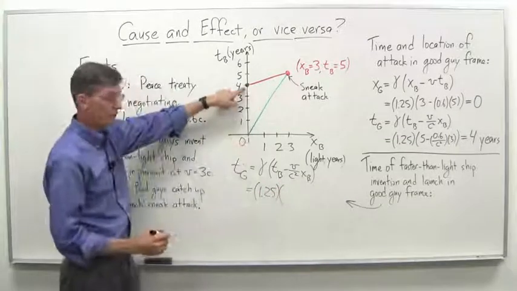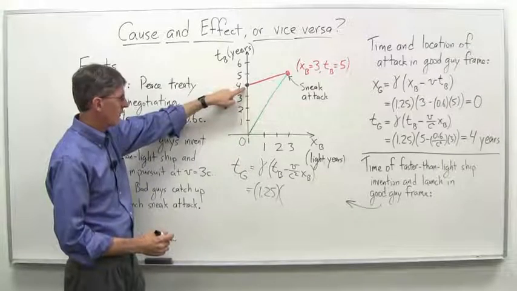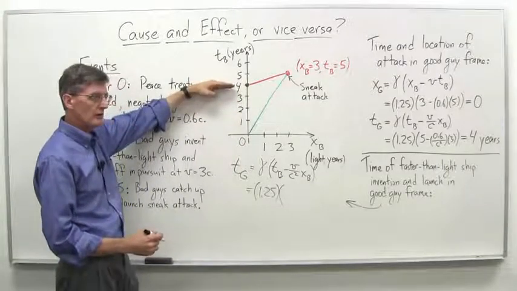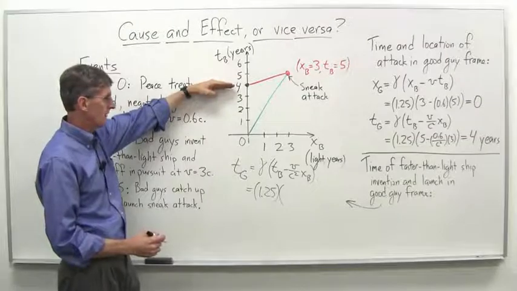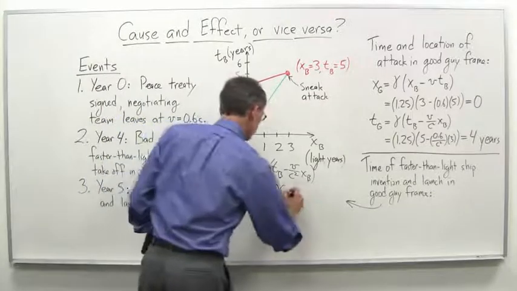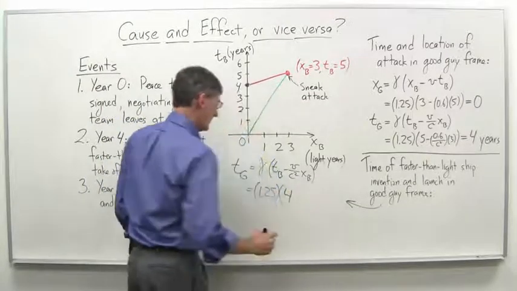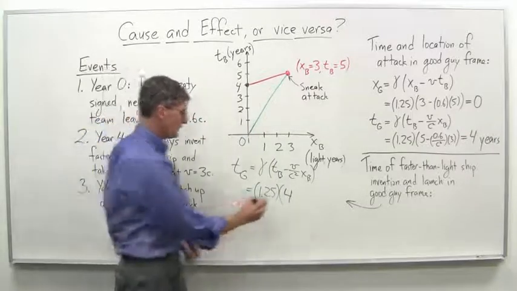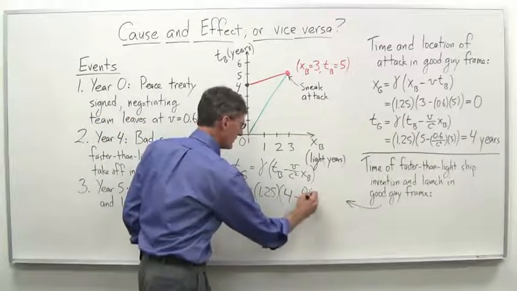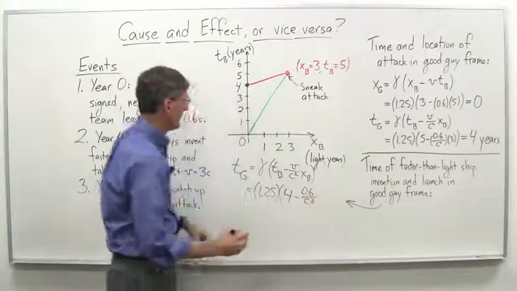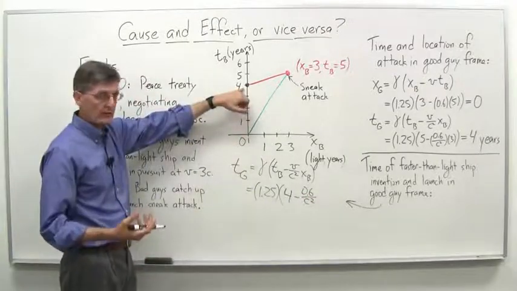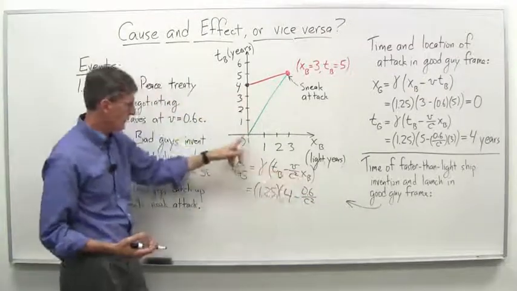What time does that occur in the bad guy's frame? Well, it occurs at t equals 4, right? That's the time that it occurs, so it's 4. And then minus 0.6 over c squared. And where does that launch occur in the bad guy's frame? The x sub b coordinate? It's just at 0.